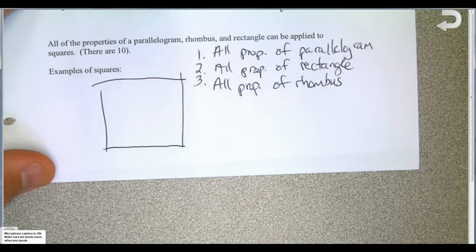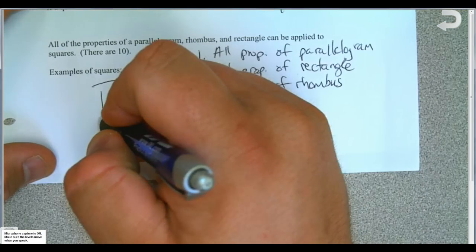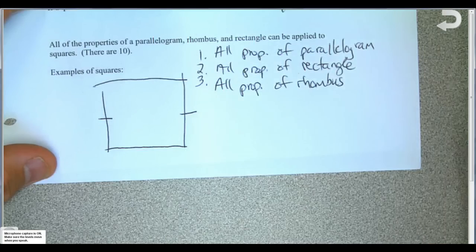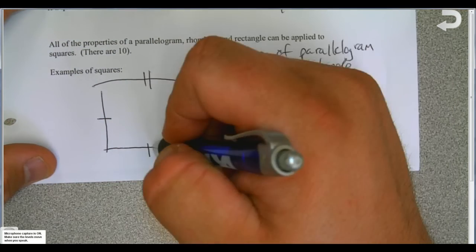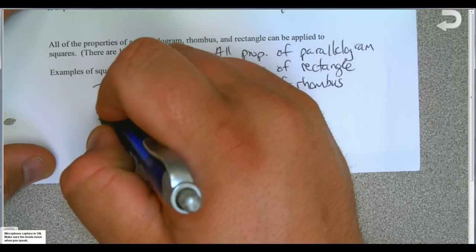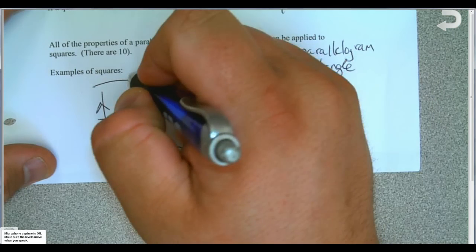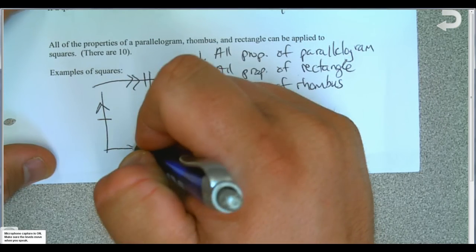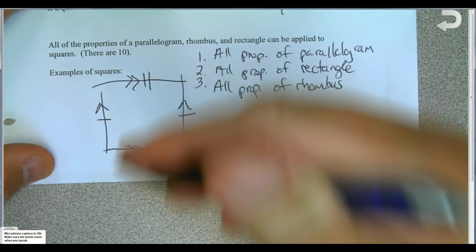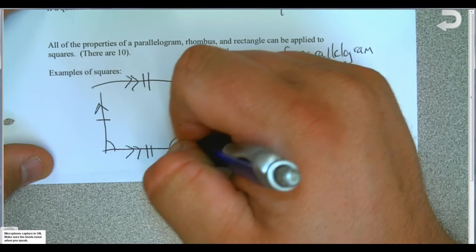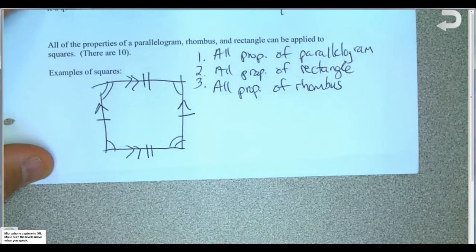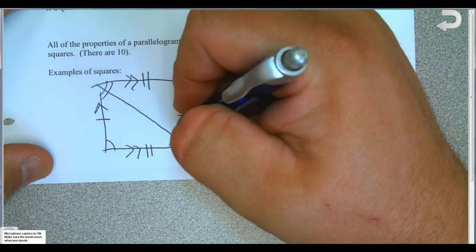So if I have a square, opposite sides are congruent. Opposite sides are parallel. Alternate angles are congruent, and the diagonals bisect each other.